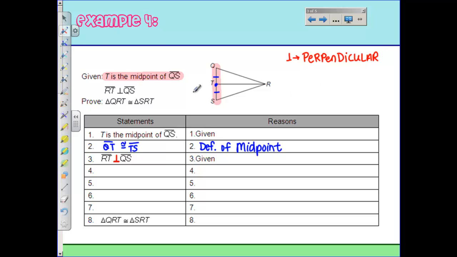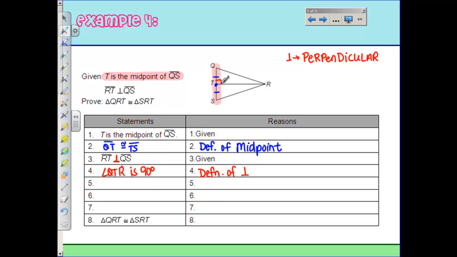Yay! Perpendicular means something very special, always and forever. It will make a right angle. So we now know that angle QTR is 90 degrees. And that is the definition of perpendicular.